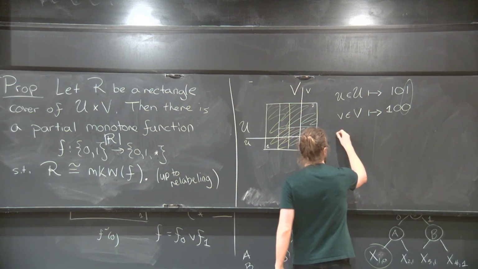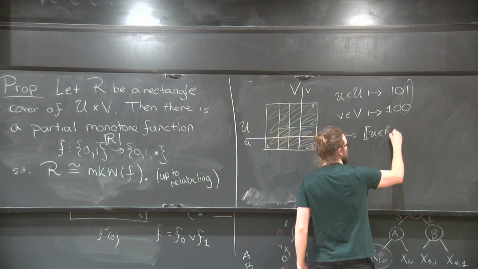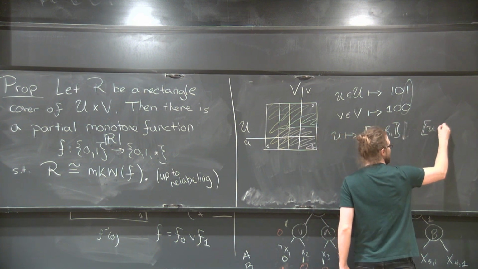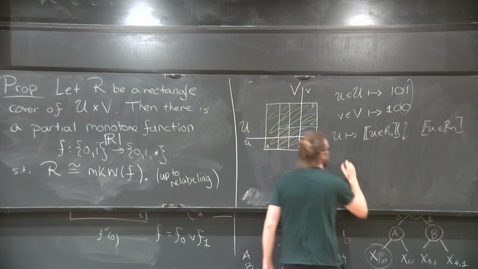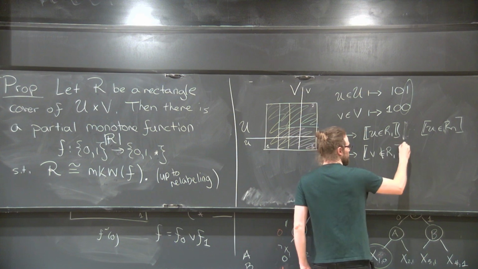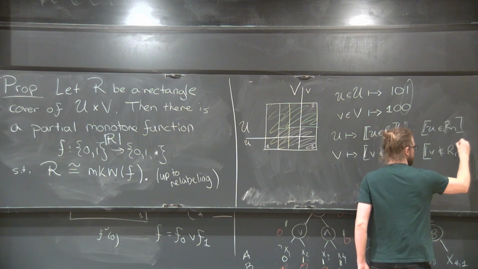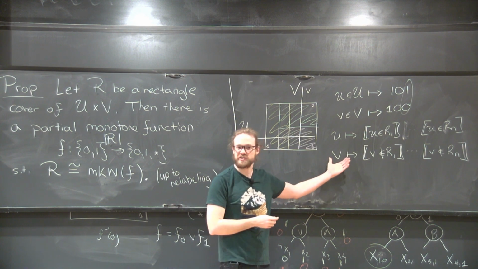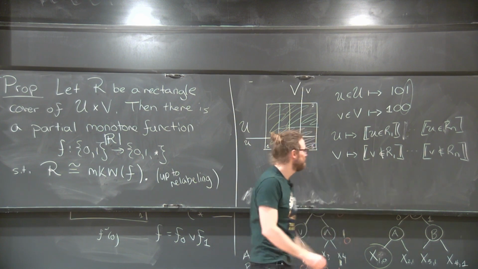So in general, u maps to the string indicating u is in R1 through Rn. And now I'll define the function to be 1 on these inputs and 0 on these inputs.